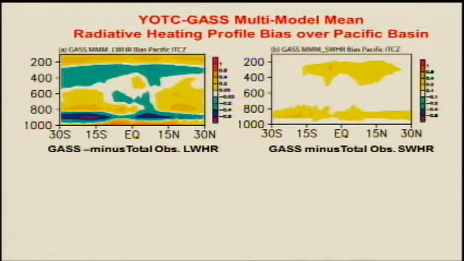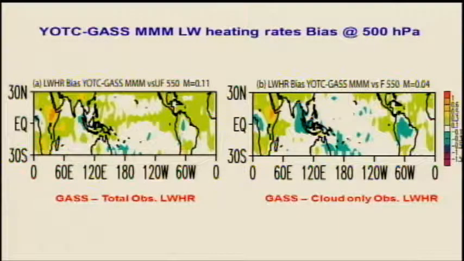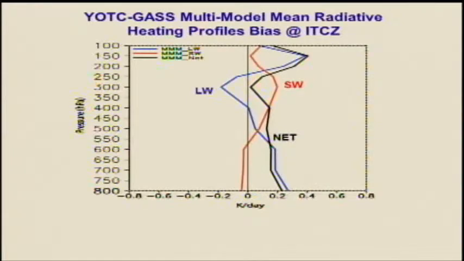A shortwave bias has much less impact than the longwave bias, so we're going to focus on the longwave only. Okay, so we would like to see this regime, the regional profile. So this is the regional profile. This is the shortwave bias, and this is the longwave bias.